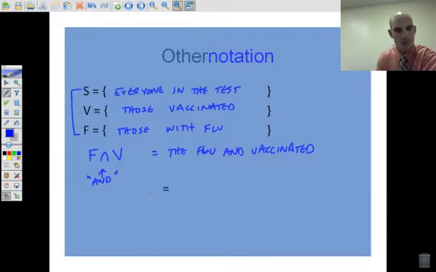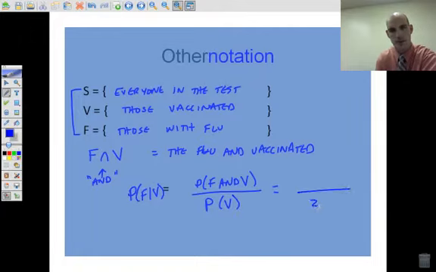What we want is the probability of F given V. That means the probability of F and V over the probability of V. The probability that they were vaccinated is 219 out of 490. The probability that they got the flu and were vaccinated is 21 out of 490.